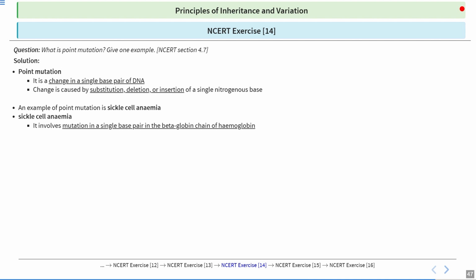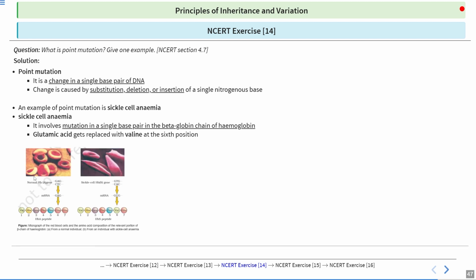Hemoglobin is made up of globin chains, alpha globin and beta globin. This causes sickle cell anemia, because of this single base pair mutation, glutamic acid is replaced with valine at the 6th position of the beta globin chain.